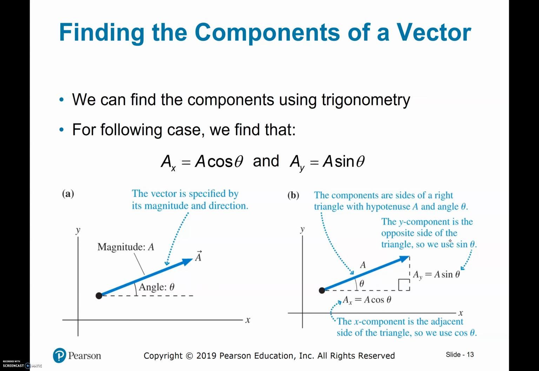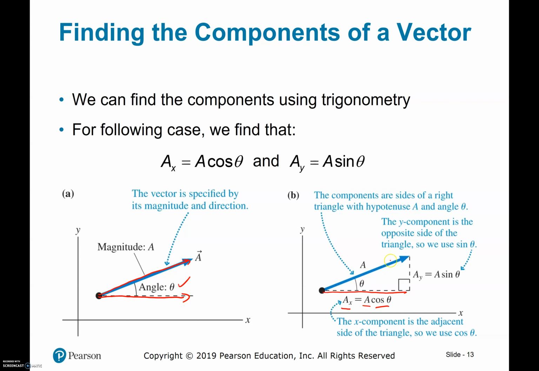So how do we find the components of a vector? We use trigonometry. Let's say we have this vector here and we want to find this component here and we know this angle here. Well, we can use trigonometry and say that AX, which is this length here, is A cosine theta.